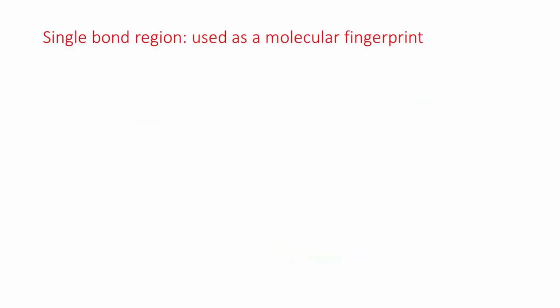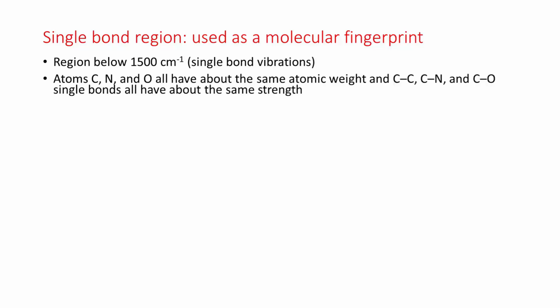Single bond region, which is used as a molecular fingerprint, is the region below 1500 cm⁻¹. Carbon, nitrogen and oxygen all have about the same atomic weight, and C-C, C-N and C-O all have about the same strength.